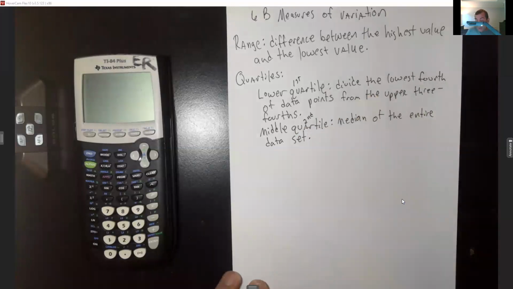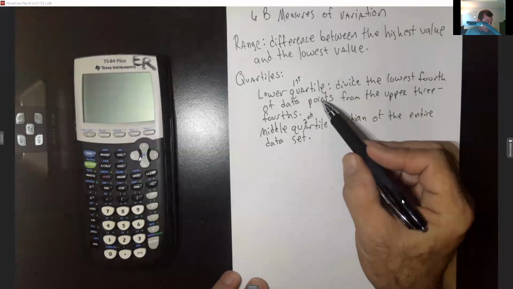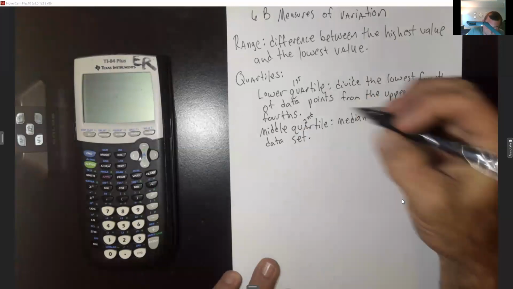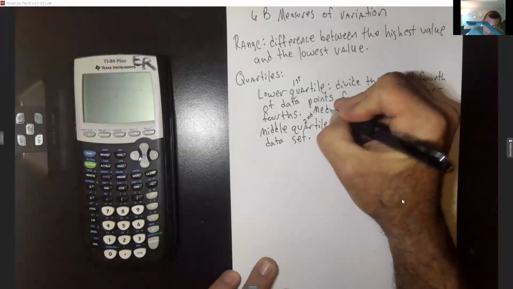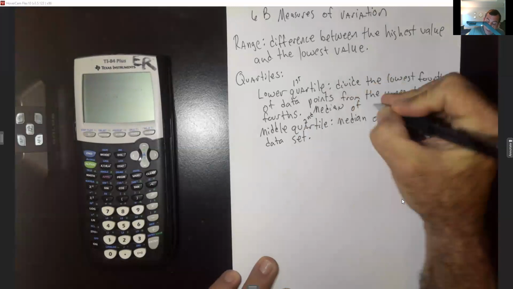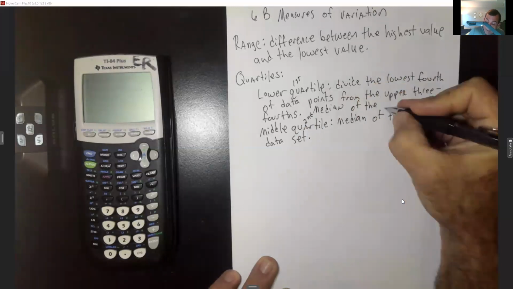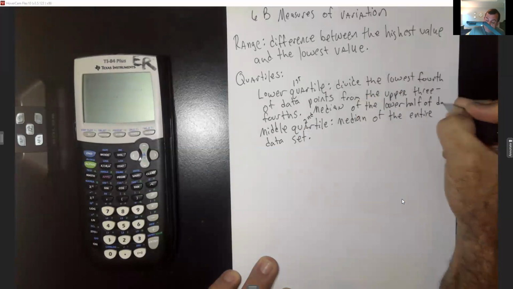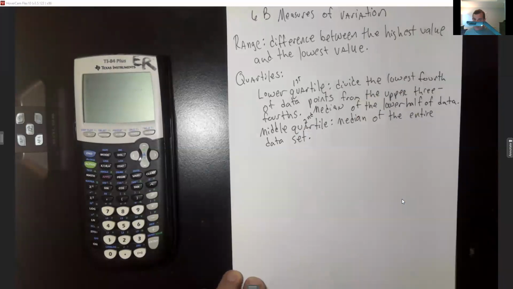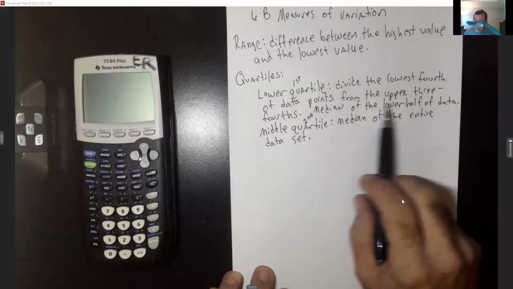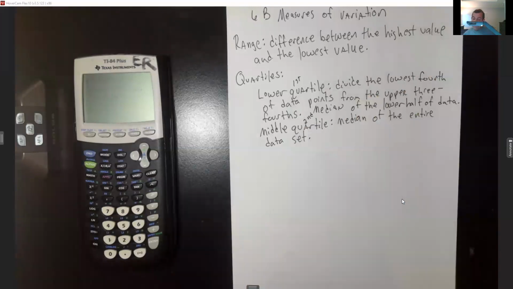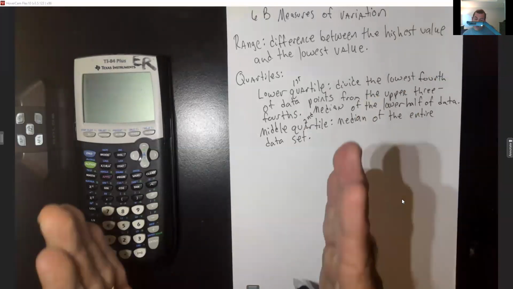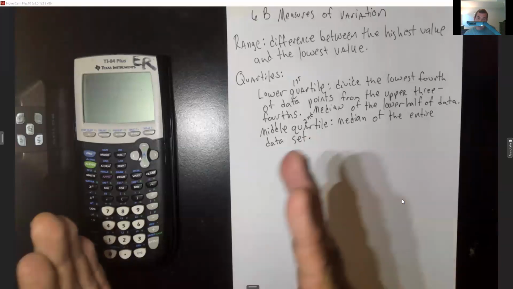And something else we could say on the lower quartile, it's the median of the lower half of data. So the lower quartile is the center of that lower half of the data, or the bottom half.